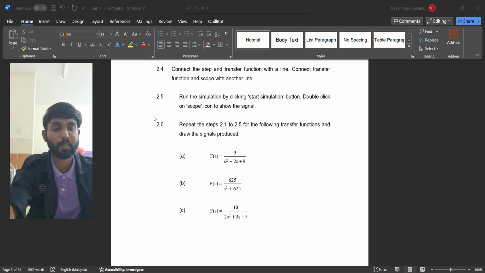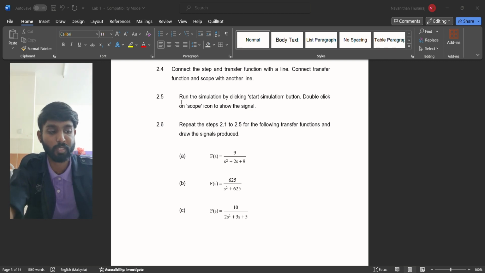For step, we have to make some changes, whereby the step time should be 0. Then for the transfer function, I would like to demonstrate this one, 9 over s square plus 2s plus 9.